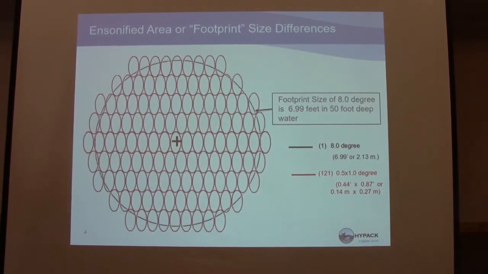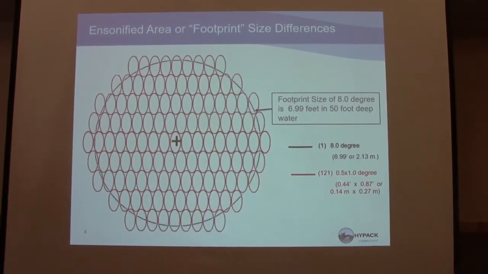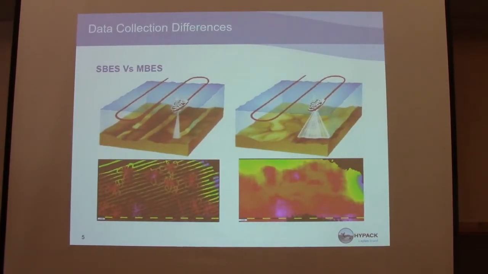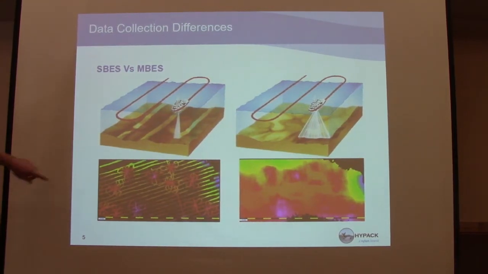I may be wrong, I'm not a salesperson. I just know how this stuff works and how the software handles it. But typically beam width is what drives the price. This is just showing the data collection differences. We can paint the matrix with single beam data.